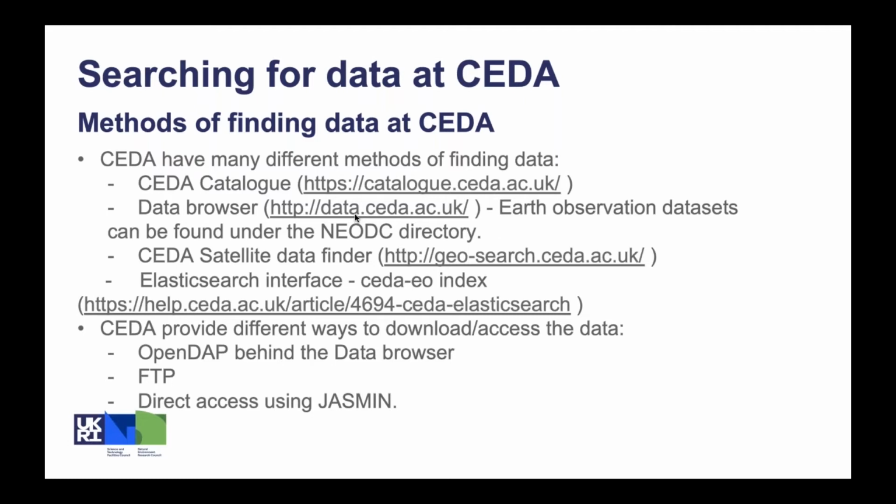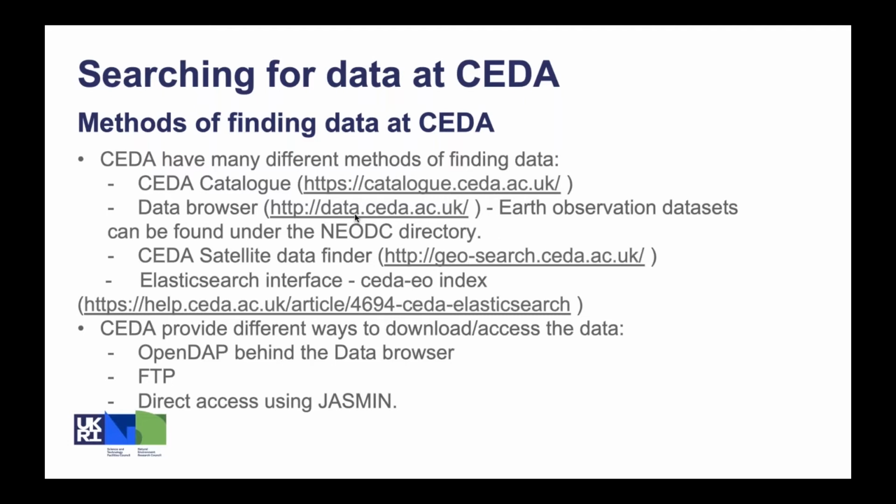All of the Earth observation data sets can be found under the NEODC directory. We also have the CEDAR satellite data finder, which gives you a GeoSearch interface to look at certain data sets. We have Landsat, other Sentinel products, as well as the Sentinel ARD data in there. And for a more coded interface, you can use our Elasticsearch interface using the CEDAR index, and more information can be found in this help documentation here.